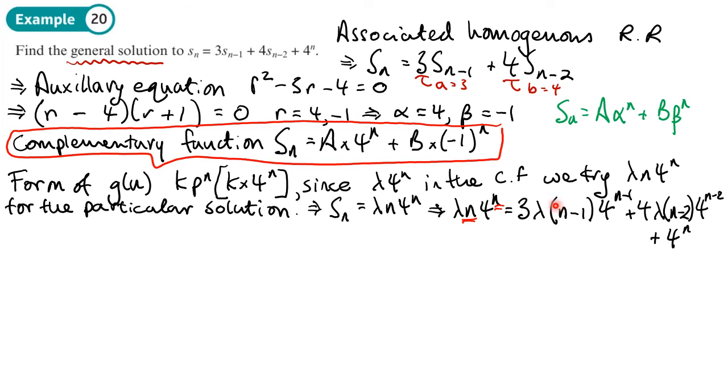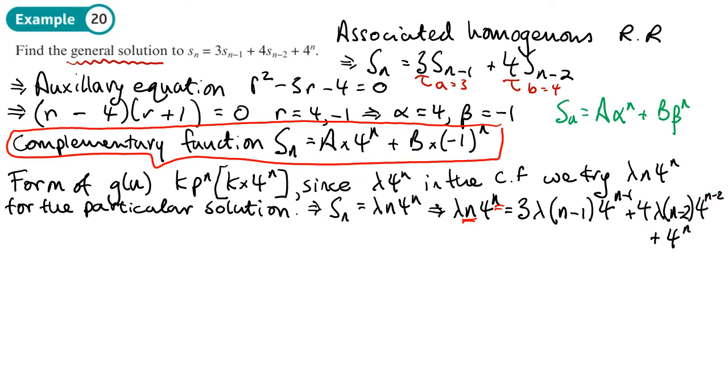Now the only way I'm going to go about simplifying this is when I can get these powers the same. I'm going to get these all to the power n. If I take a 4 out of this and put it here, I can write this as 3/4 and increase this to 4 to the power n. Take another 4 out, so make this a quarter, and then here I'll have 4 to the power n.